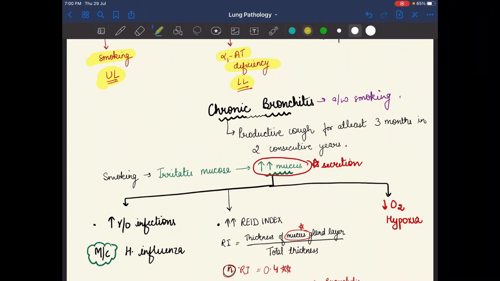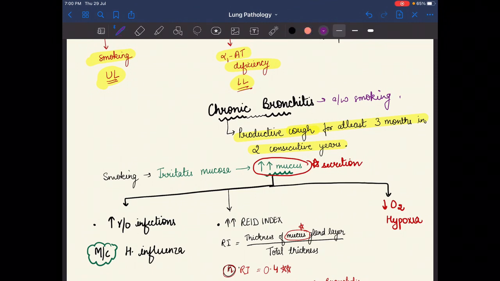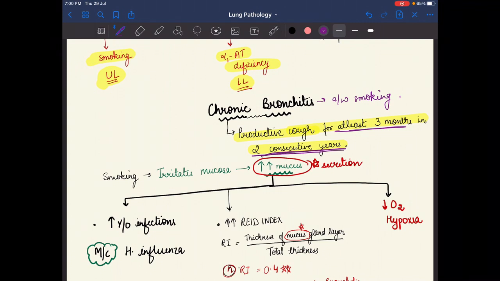Now the definition of chronic bronchitis, please remember, is very important for clinical diagnosis: there is a productive cough for at least 3 months in 2 consecutive years.